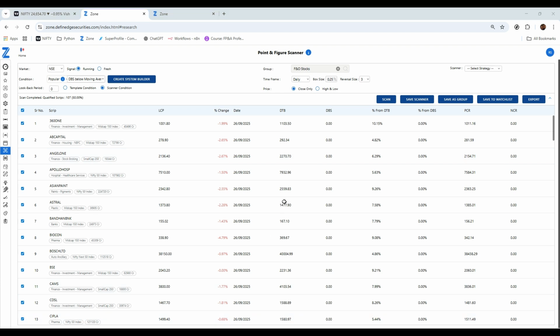Now, how do you do this? I would take an Excel sheet and just ask, what is the count of bullish? 6. Count of bearish, 107. So it is 6 divided by 107, and make that a number, right? Below 1, it is bearish, because the number of bears is higher than the number of bulls.